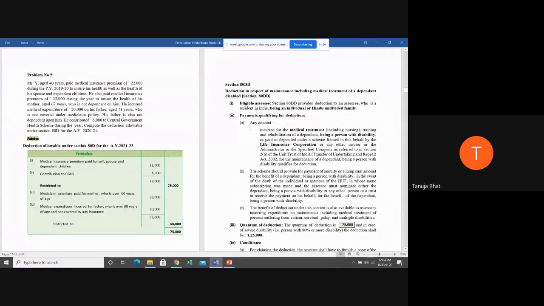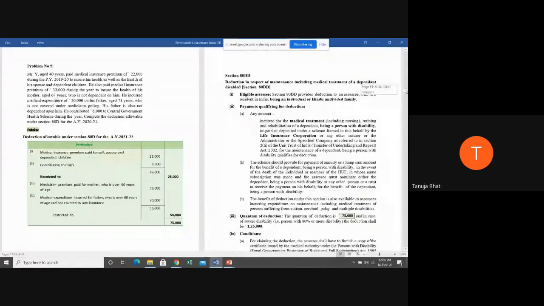Suppose the individual who is making payment for the dependent expires, and later the particular insurance company is going to take care of the dependent disabled, then that payment is also covered under section 80DD.